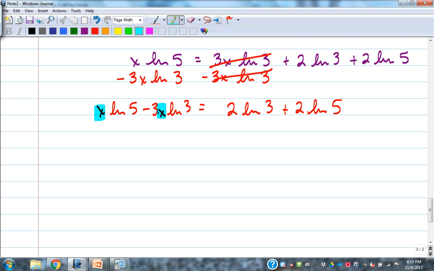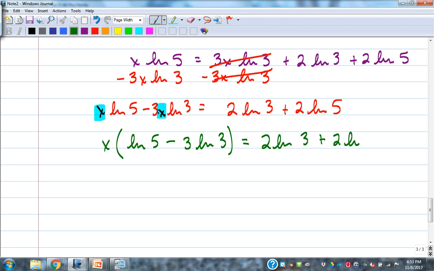And I could pull that x out by factoring: x parentheses natural log of 5 minus 3 natural log of 3. And then the other side stays the same. Haven't done anything to it.